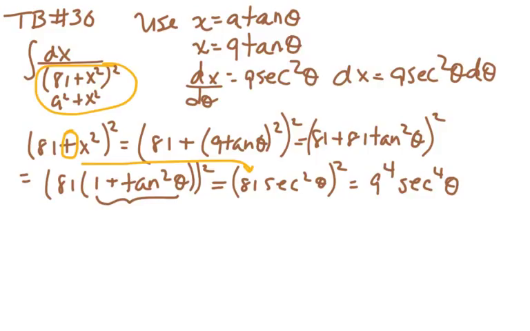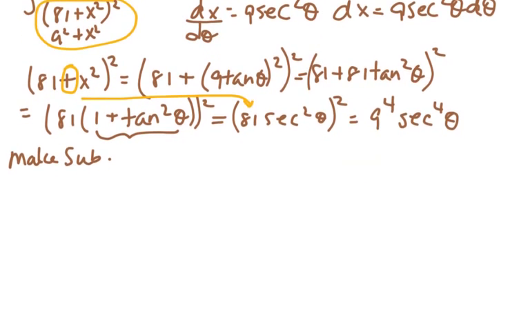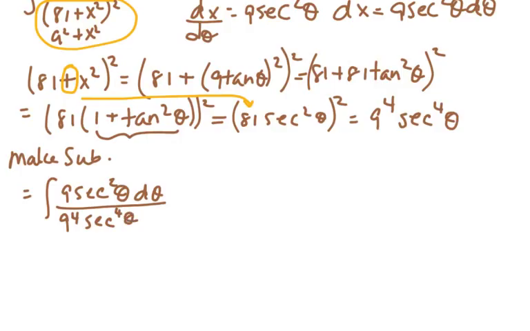Now make your substitutions. So let's make those substitutions. All right, on top for dx I get 9 secant squared theta d theta, and on the bottom I get 9 to the 4th secant to the 4th theta.